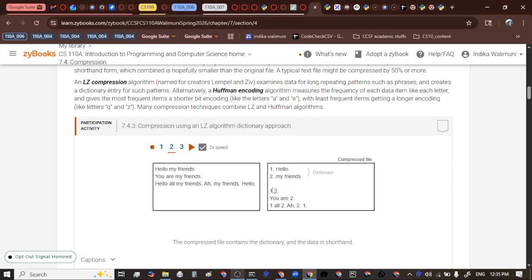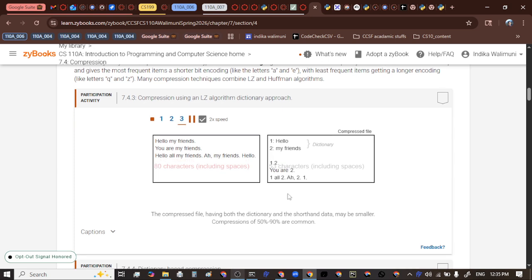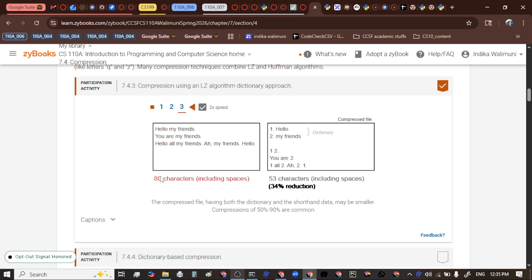If we count all the characters, including the dictionary, we have fewer characters: from 80 characters to 53. So instead of this text file, we now have the compressed text file, and the compression is 34%, which is quite significant.